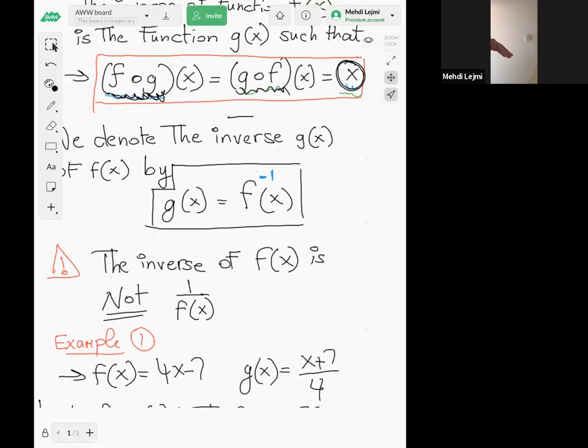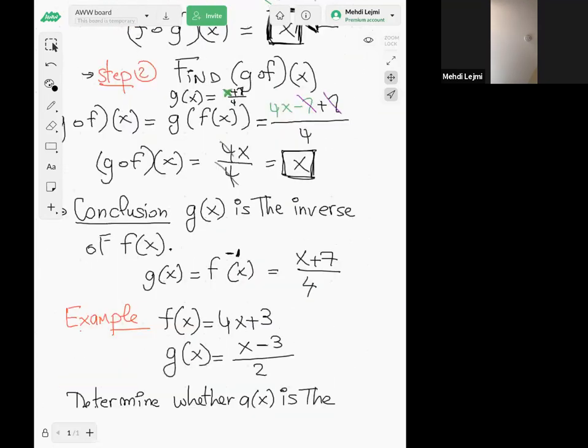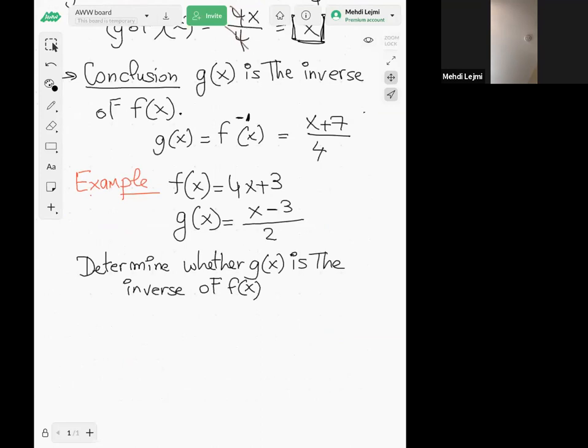So the first step is always, you need to compute f composed with g. So in this first step, step 1, you need to find f composed with g, right? If this f composed with g is not x, then g is not the inverse, right? If it's equal to x, just x by itself, then you can move to step number 2.